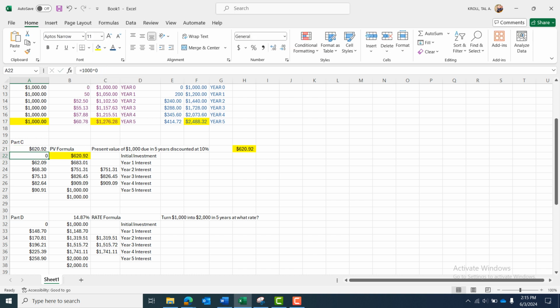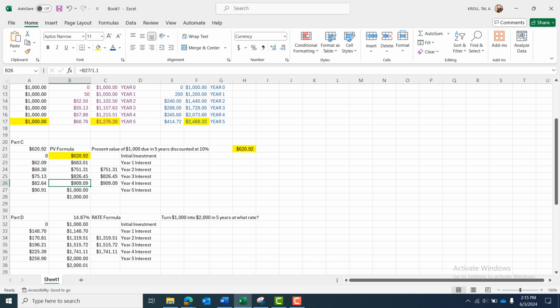Manually, what it says is I tried to work it out for you. I want my total answer to be 1,000 down here, but I didn't know what this top $620.92 should be. But I did know that when I took my year 4 total and multiplied it by the interest rate of 10%, and then added it with whatever I had, that had to equal 1,000.